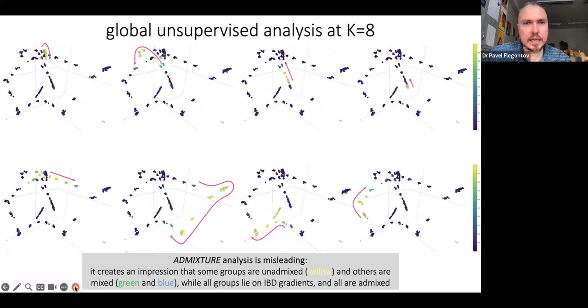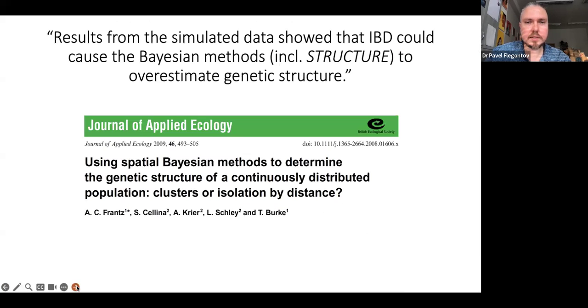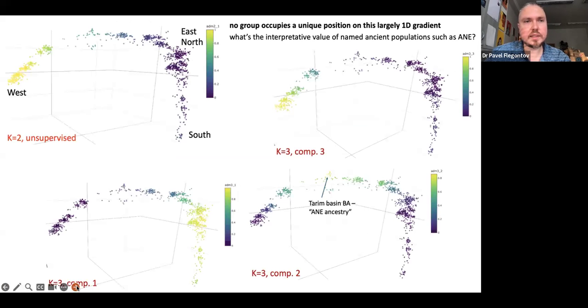Then we take admixture on a simulated landscape, and we show by color the fraction of a certain ancestry component. And we see that it just cuts this simulated landscape into pieces. And the same we see on real data.